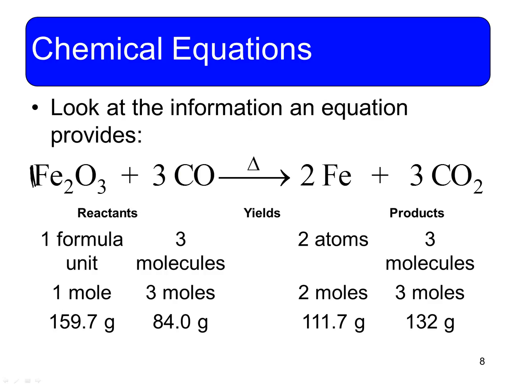Then these are just the added up formula weights here. Then we have 2 atoms, we just have a single atom, of iron here, which means we have 2 moles. This would be the molecular weight, or formula weight. And for CO2, we have 3 molecules of carbon dioxide, and we have 3 moles. That's what the number out front represents.